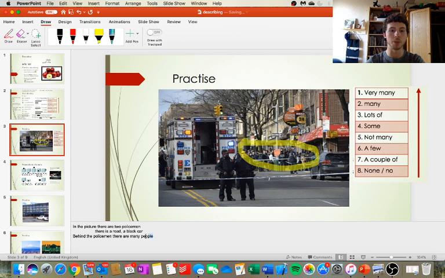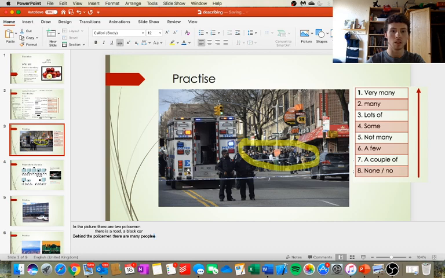And people doesn't need an S. So people doesn't need an S. No S. Behind the policeman, there are many people.